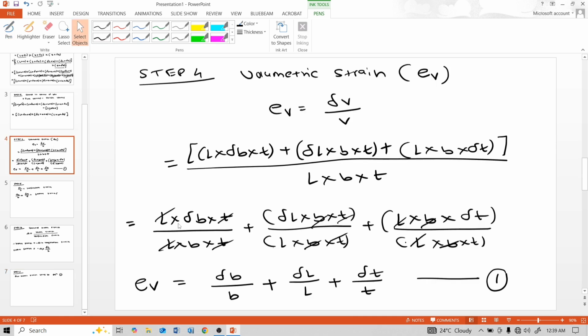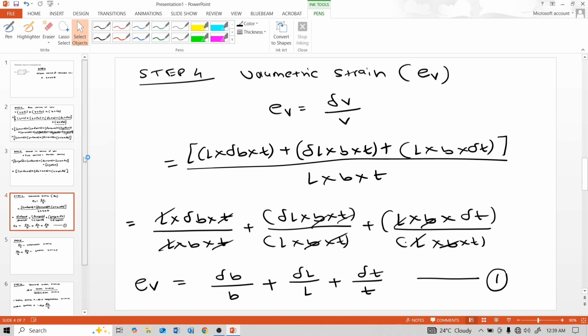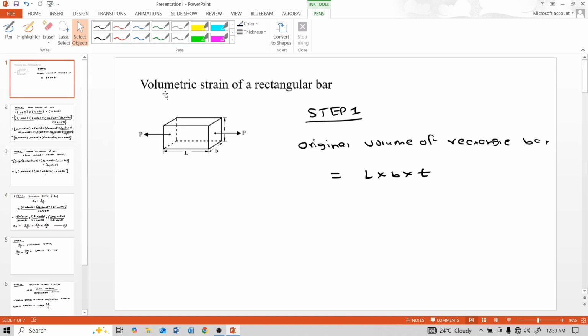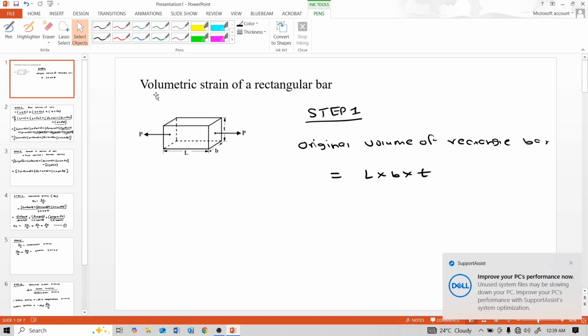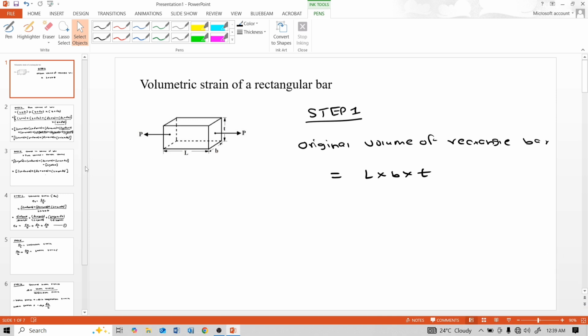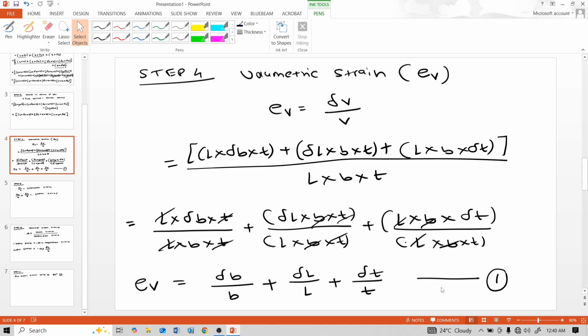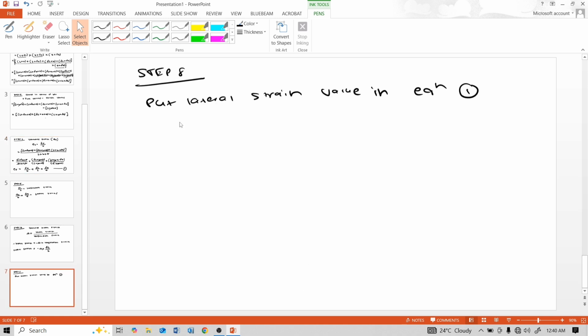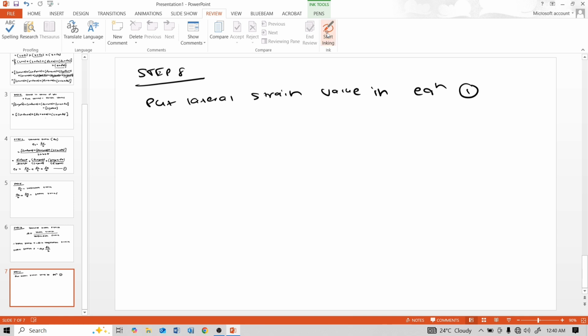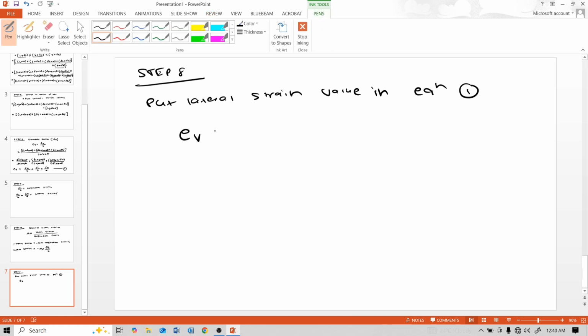Our equation 1 is the volumetric strain, and our derivation's main objective is to find the volumetric strain of a rectangular bar. That's why I get this equation number one: EV is equal to delta B by B.